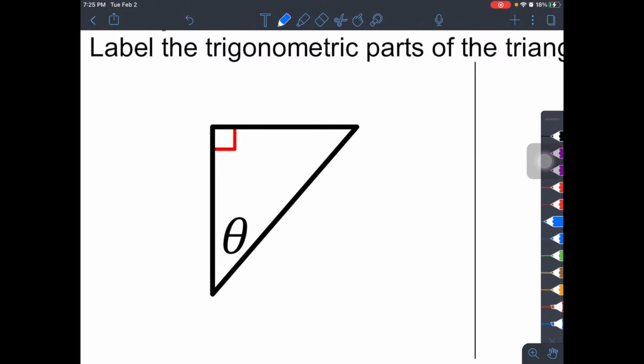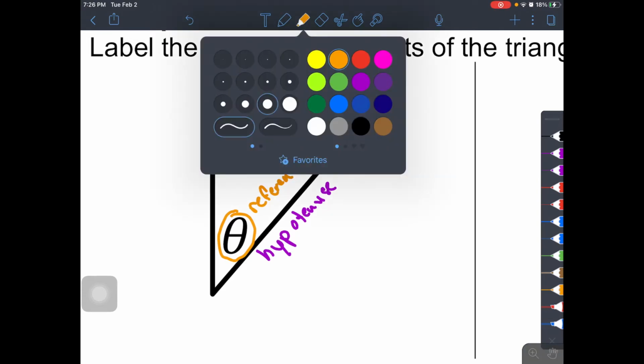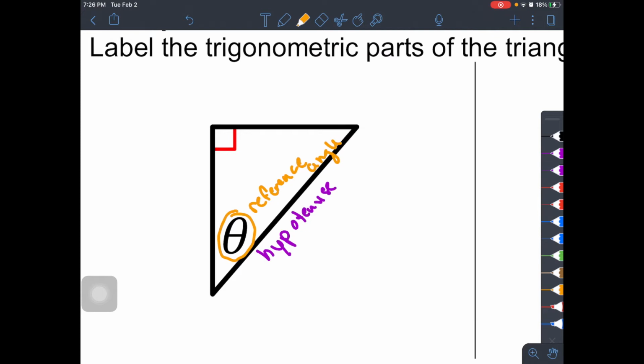So again, I take a look here. I immediately identify where's the right angle because that tells me right away where's the hypotenuse. You may abbreviate, that's okay. I'm also going to label now our reference angle. And again, if it helps you see, here's the reference angle.